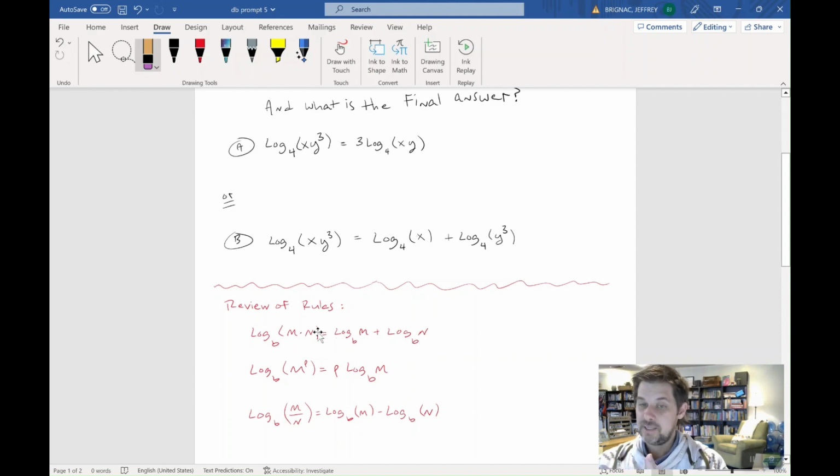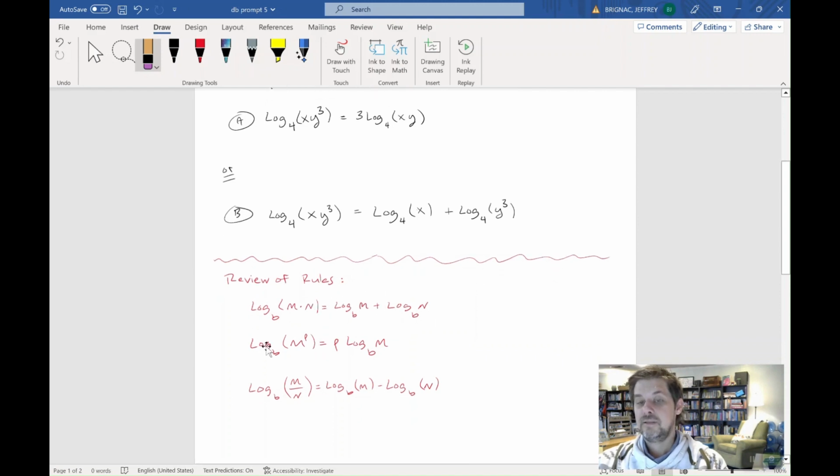You might think of it as, for logarithms, multiplication in here translates to addition out here. The second one says if you have log base b of something raised to a power, log base b of m to the power p, then we can bring that power out front and write it as p times log base b of m.